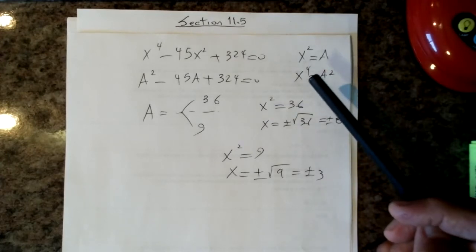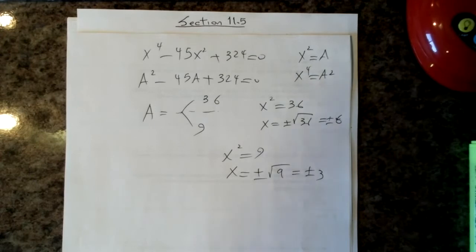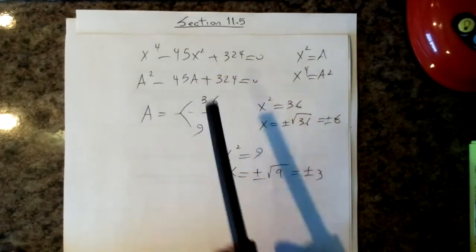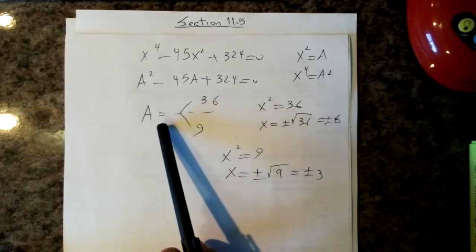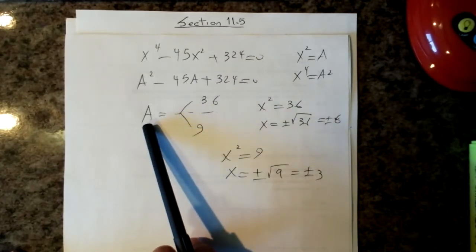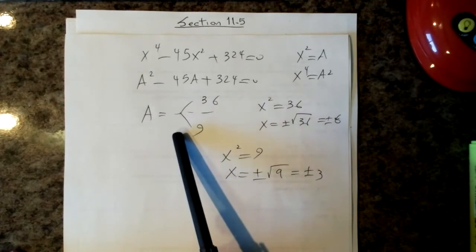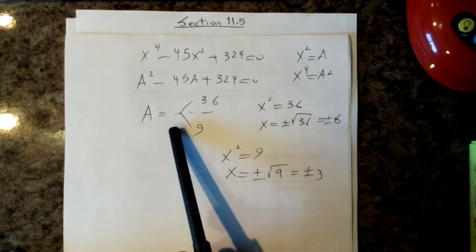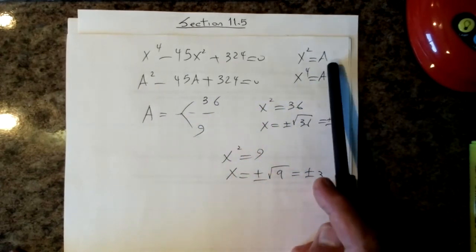So if you substitute x² and x⁴ with a and a², then you have the second degree equation. And when you solve the second degree equation, let's say using the quadratic formula, you have a value as 9 and 36.